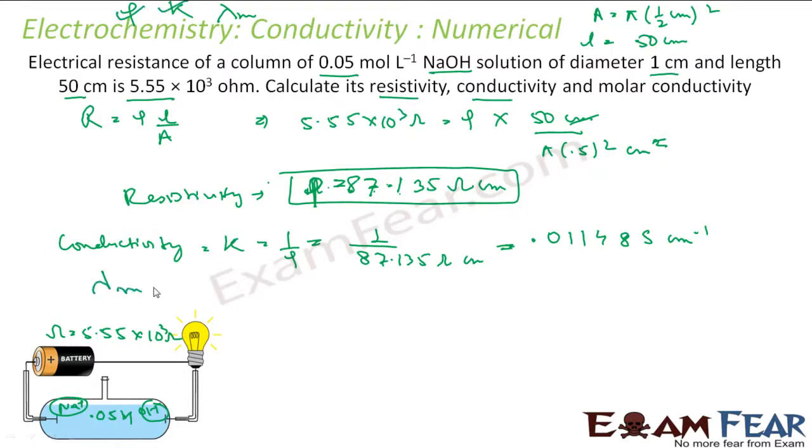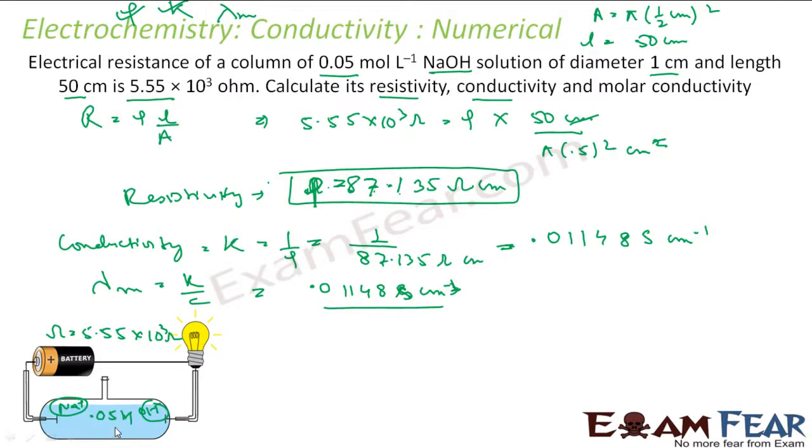Now I have to find molar conductivity. That is nothing but K by C. So what is the value of K? 0.0148 Siemens per centimeter, right? Now I have to find C, the concentration, in moles per centimeter cube.